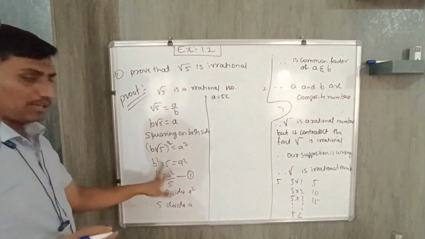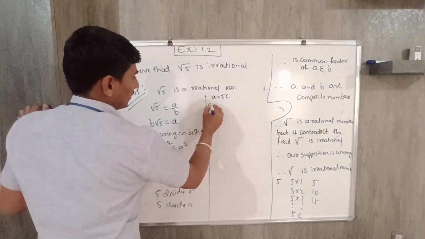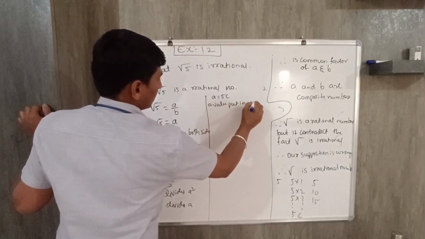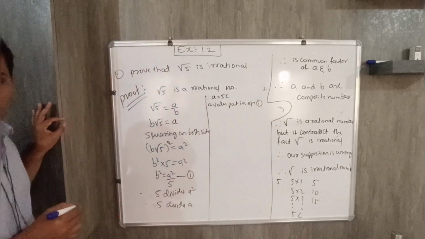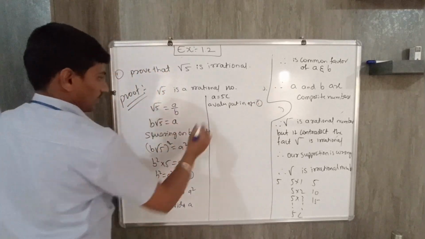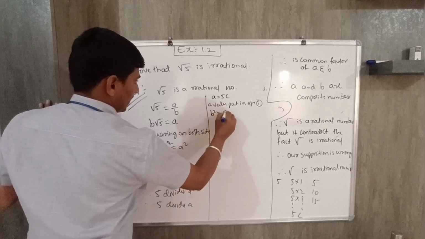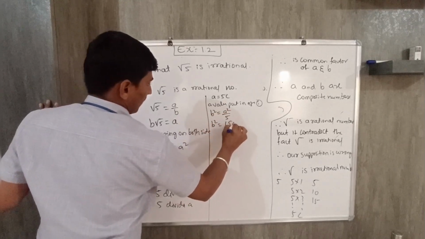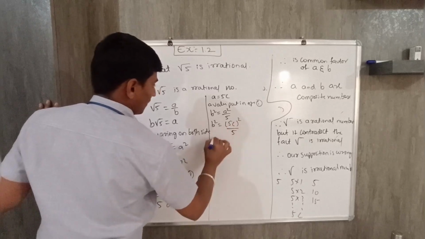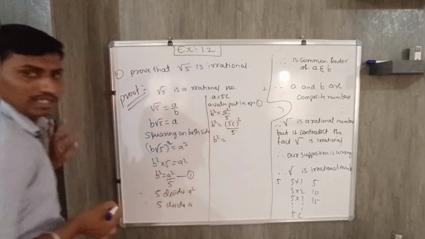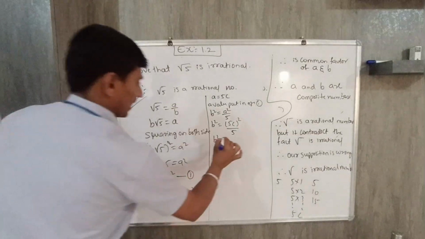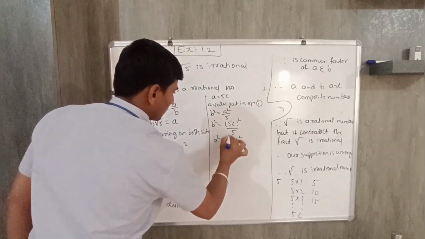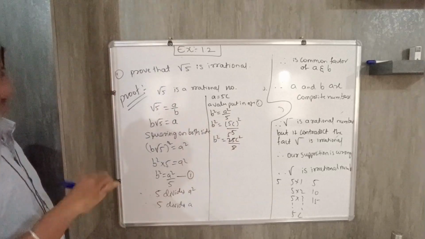Again a value put in equation 1. So see, equation 1 is b square equal to a square by 5. So now b square equal to 5c whole square by 5. b square equal to 5c whole square means 25c square by 5. 5 ones are 5, 5 twos are 10... so 5c square.